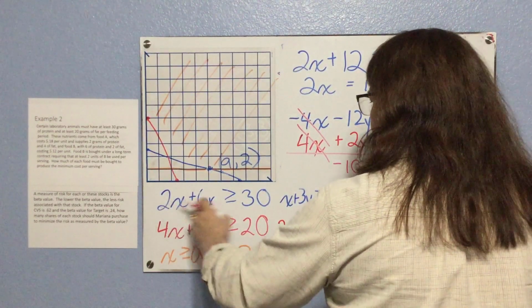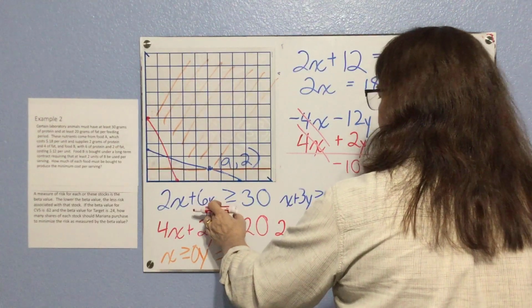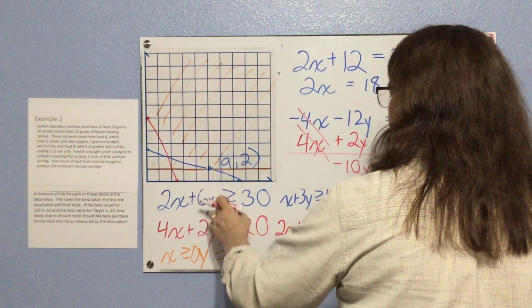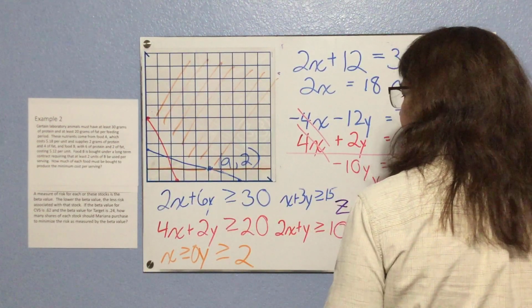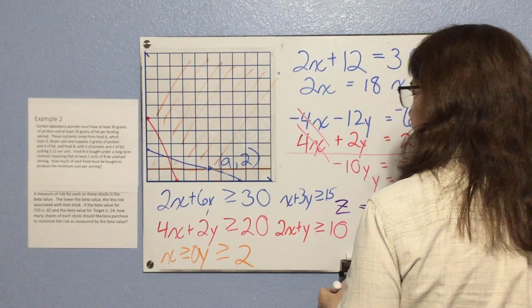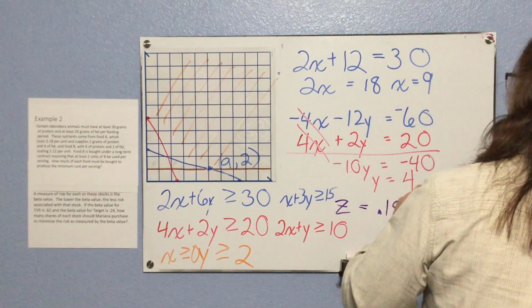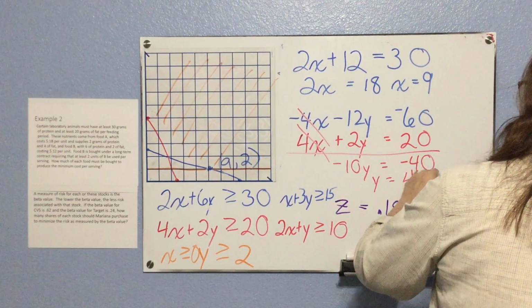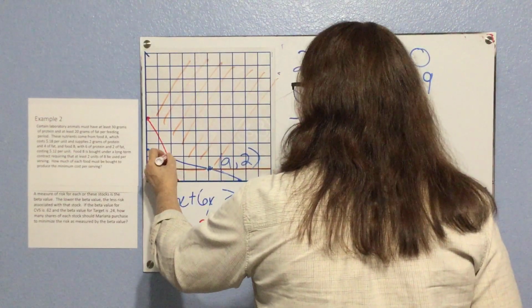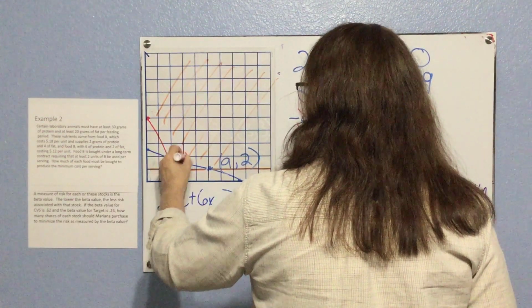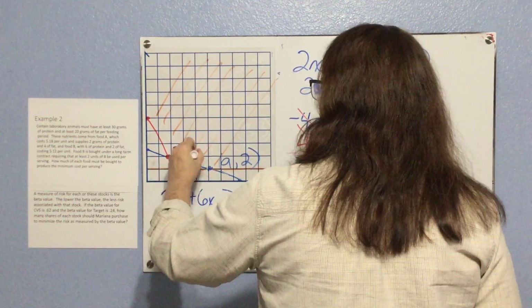And if I put that, let's put it here. If y is 4, then 6y is 24. So take away 24 from both sides, and I have 2x equals 6, so x must be 3. So this point is 3, 4.